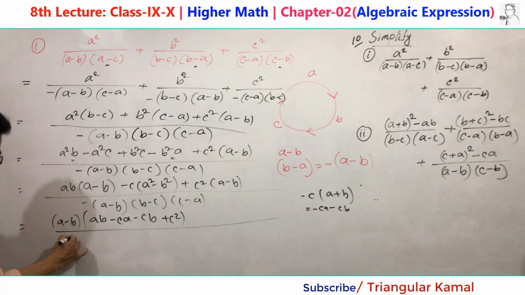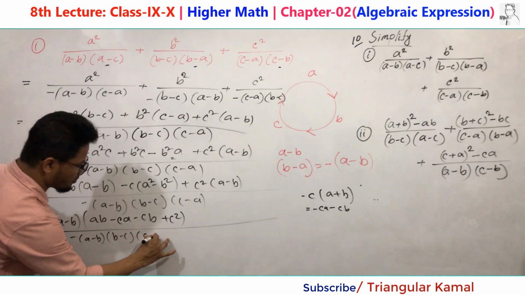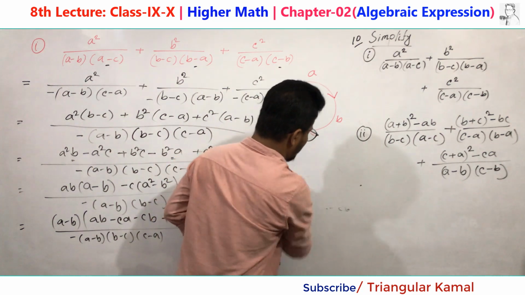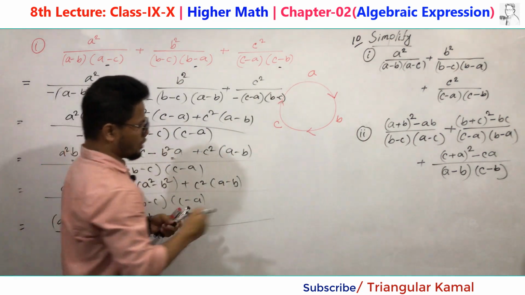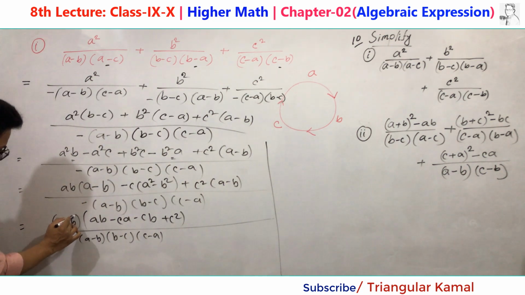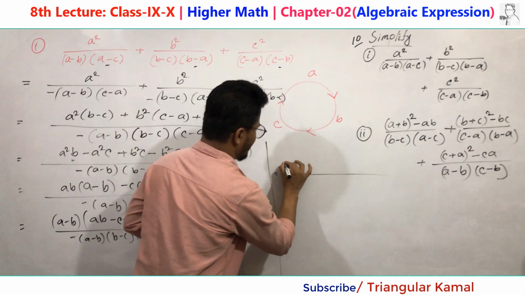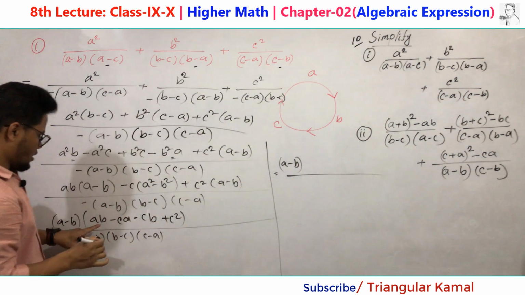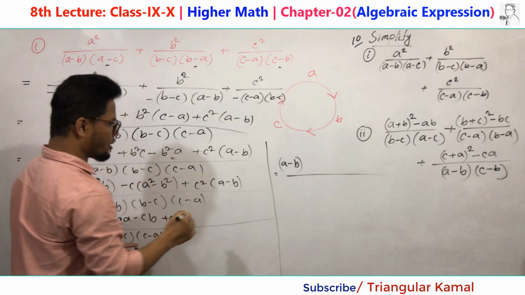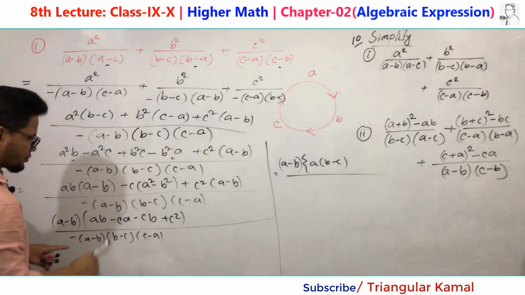So what we see here is that the denominator is now the same: a minus b, b minus c and c minus a. Now do the simple calculation here. If we do the calculation like this, we can eliminate this one, or okay, later we will eliminate. Now this one is a minus b; if you target b, a minus b, b minus c, take common a, this one will be b minus c from the first two parts.